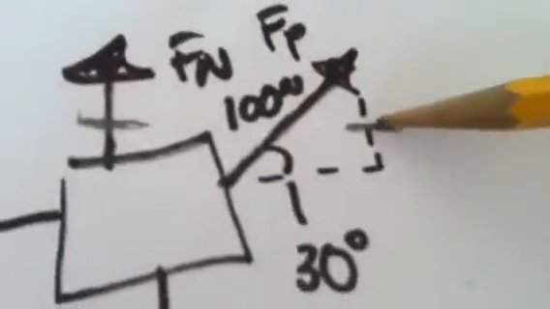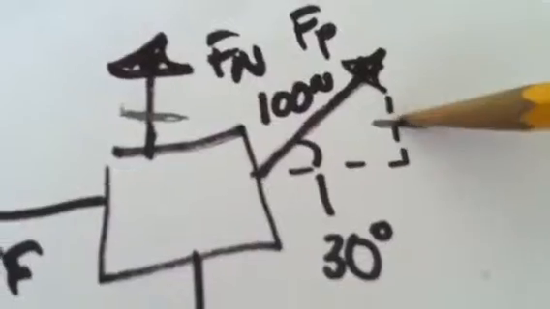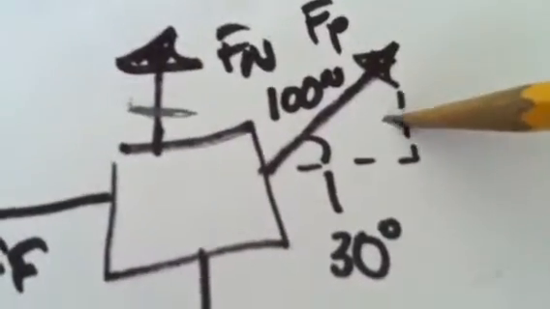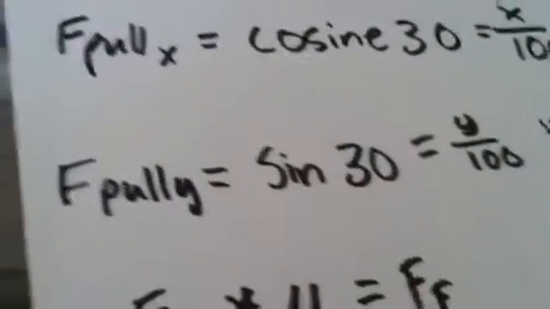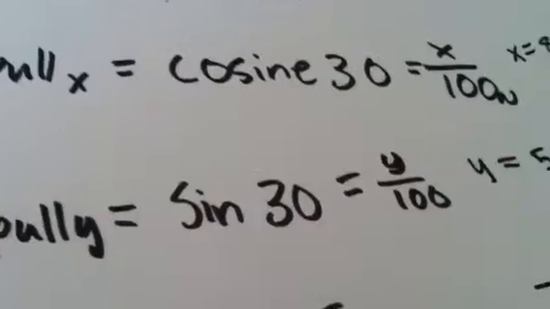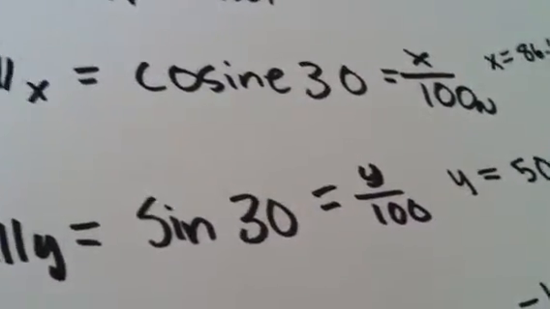So we're going to look back up here and solve for this one. We do that by taking the sine of 30, which is equal to force pull y over 100 newtons. That, by the way, does not say force pulley. It says force pull y, and sine of 30 is equal to y over 100.